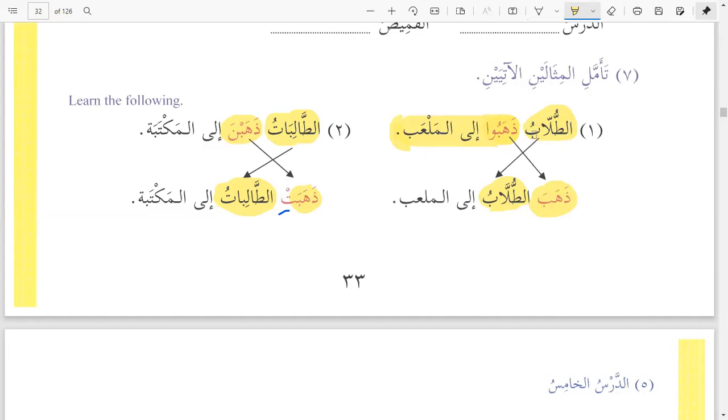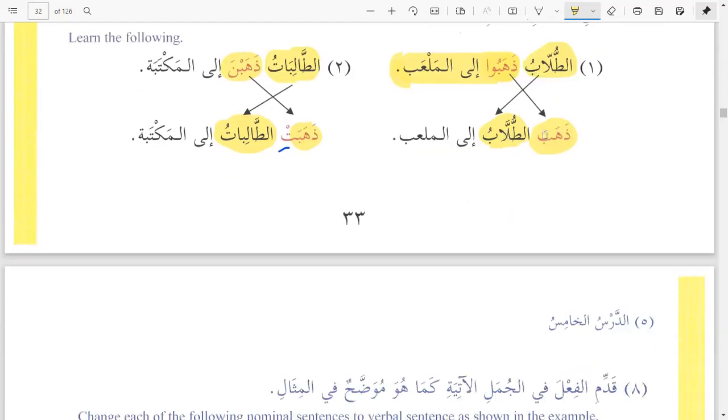And the next is, for a singular subject, we use the singular form of the verb. For a plural mubtada, we use the plural form of the verb. And if there is dual, we use the dual form of the verb.